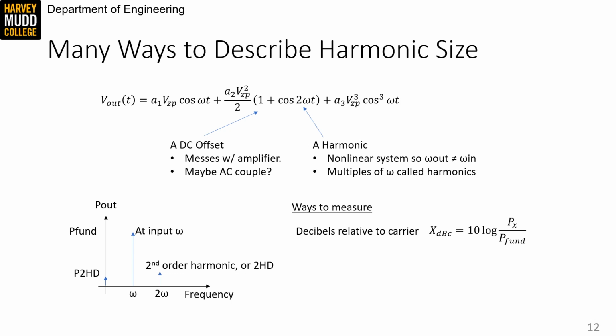Equality in dBc is 10 times the log of the thing we're measuring, divided by the power of the fundamental. So when we say that the second harmonic is some number of dBc below the fundamental frequency, we're effectively measuring this vertical height in decibels, because we're taking the ratio of the second harmonic power to the fundamental power.